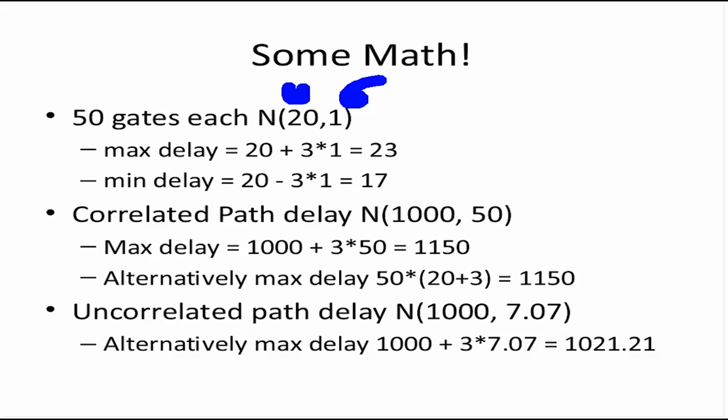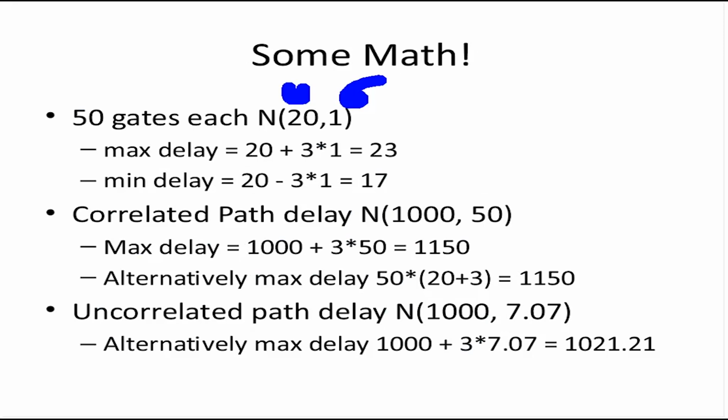So OCV and deterministic STA will try and limit the guard band between minus 3 sigma and plus 3 sigma. So the worst case delay would be mean plus 3 sigma, which is 23. Min delay would be mean minus 3 sigma, which would be 17.